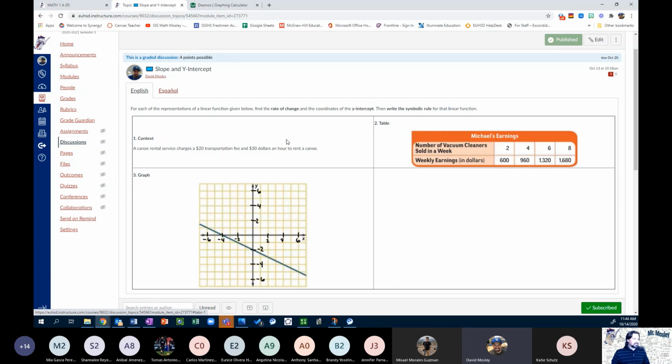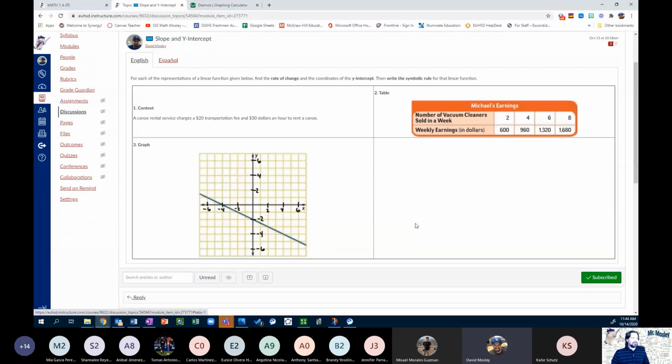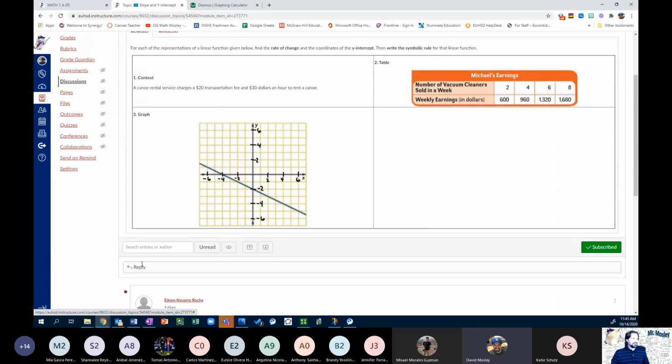We have a context, table, and a graph. And for each one, we define the rate of change and the y-intercept and write the rule. And that's what you're going to post in your discussion.